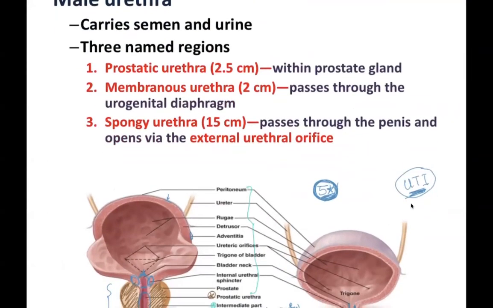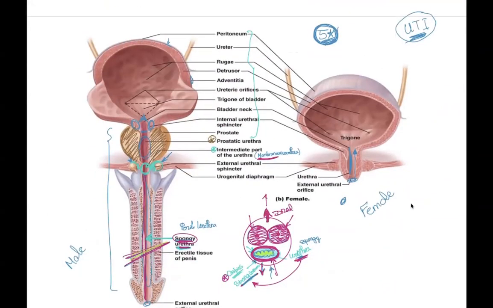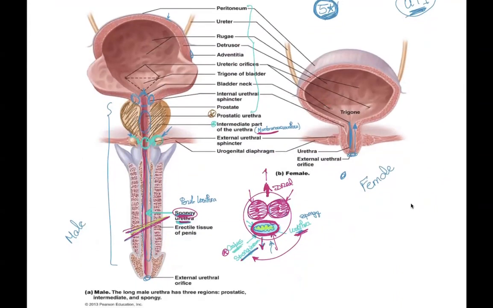So looking on here, it's essentially the same diagram, the same previous diagram, but it's showing the difference between the female urethra and the male urethra. If we're looking on here, the male urethra is much longer.